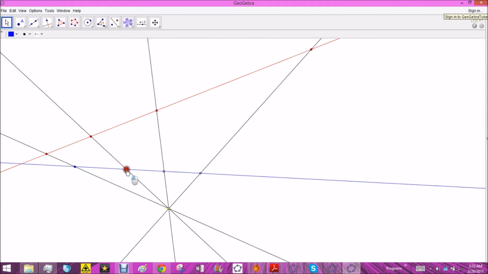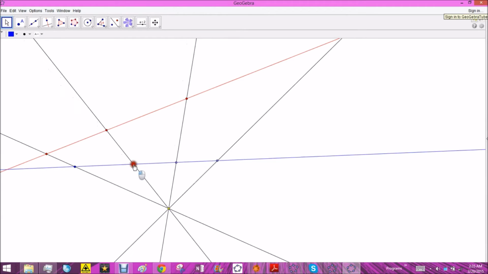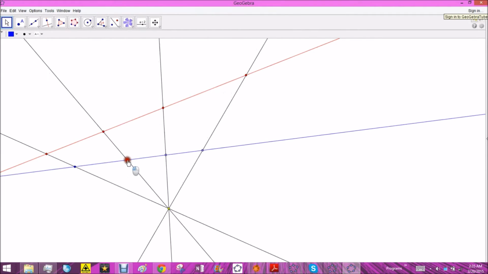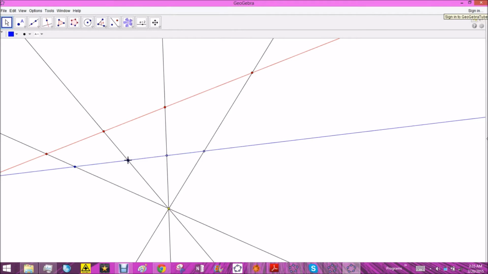And these particular harmonic relationships are completely invariant under projection. And they're remarkably powerful, and it's surprising how many different places you can find these harmonic ranges.